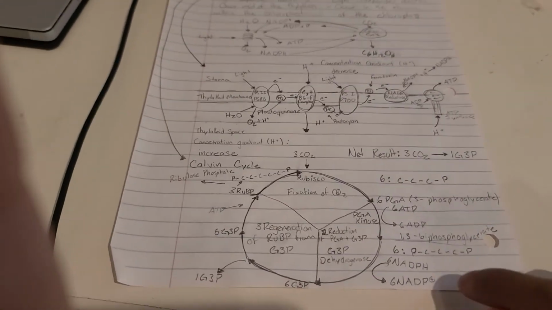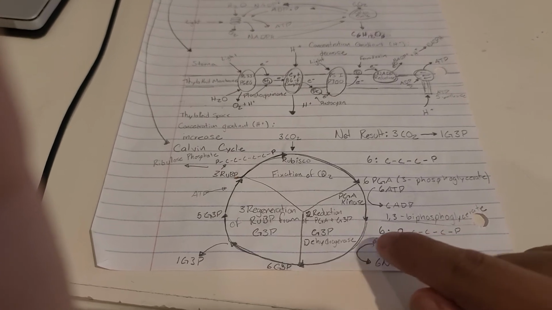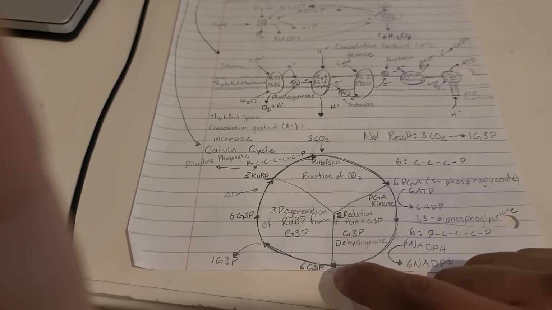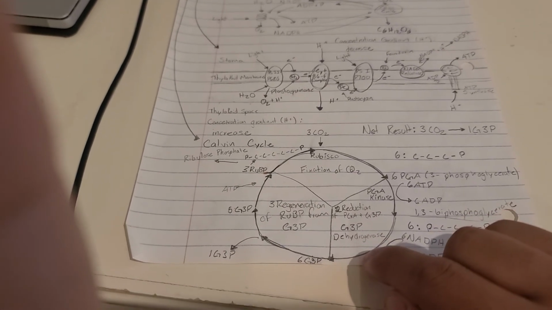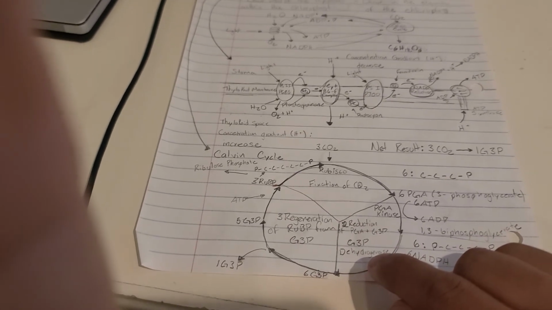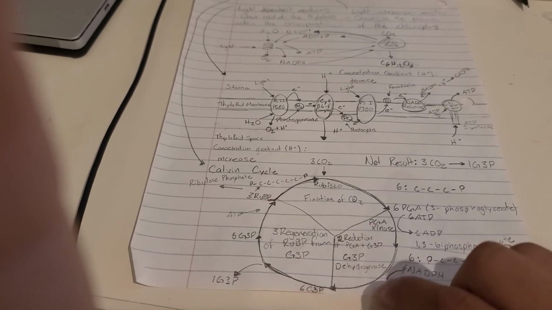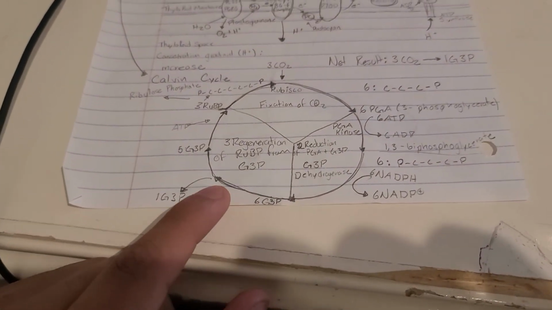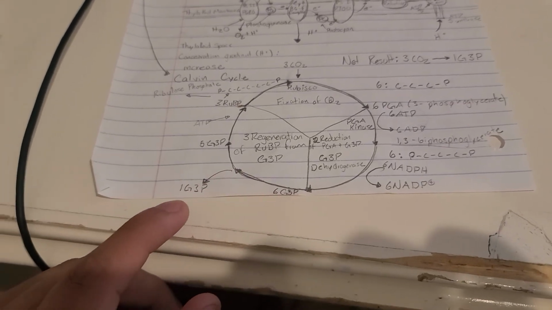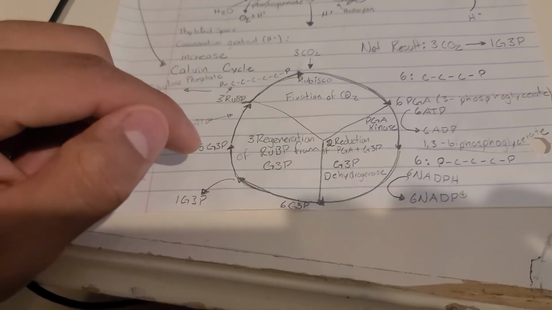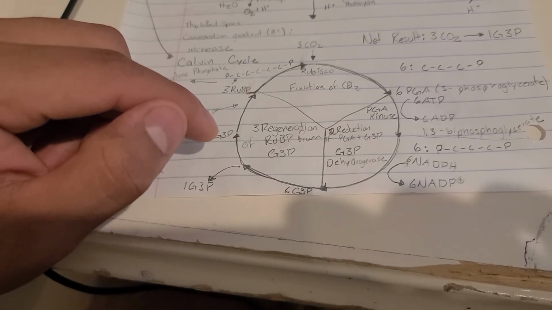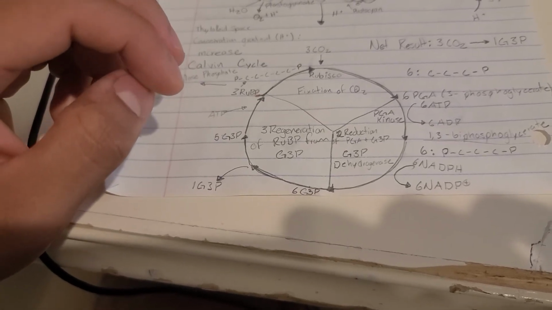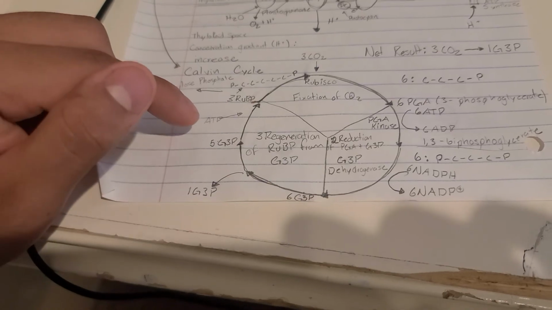Now, 6 NADPH come and react with this molecule to create 6 G3P molecules. This reaction is done through this enzyme. The molecules keep on rotating through this cycle, and one of those is expelled, and the other 5 are used to regenerate 3 molecules of RuBP, powered by ATP.